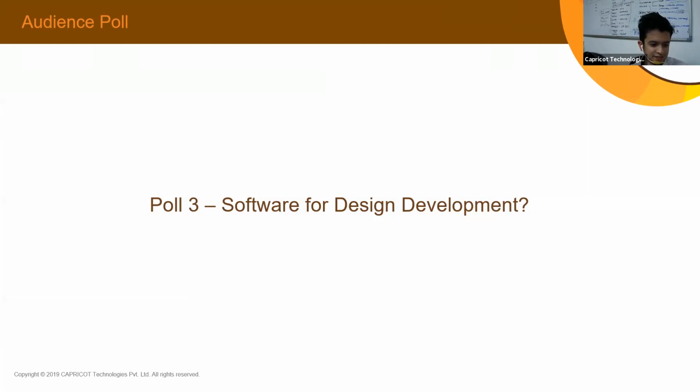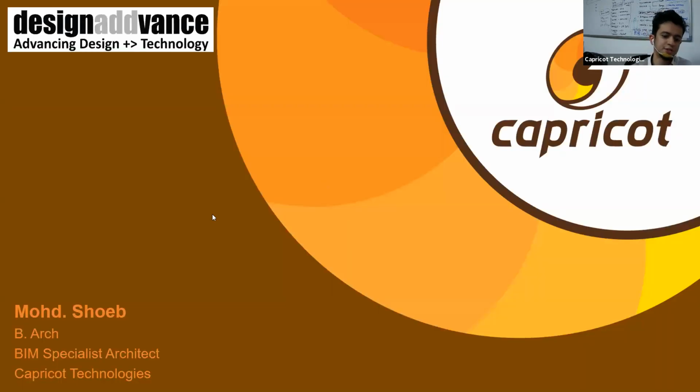So I think this is an insight that we are slowly shifting towards BIM, and this can be really informative for us to decide which software to use. Therefore, I'll stop sharing this and we can proceed with the next speaker, Mr. Shoaib. Over to you, Shoaib, for taking us from FormIt to Revit and how it is integrated.